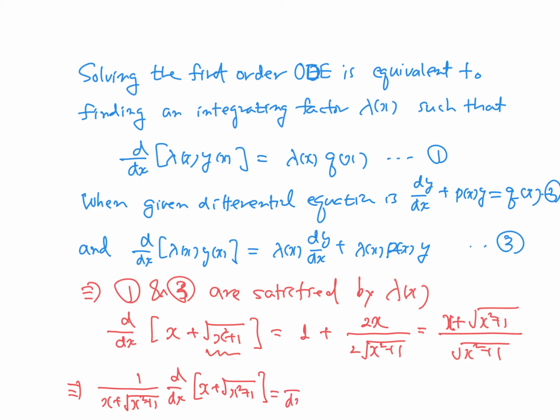So this is d/dx of ln of x plus square root of x squared plus 1, which is 1 over square root x squared plus 1, right? So this is a very interesting logarithmic derivative.